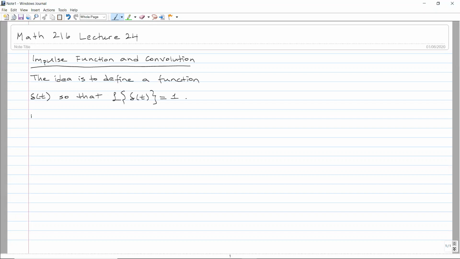So first, we define a sequence of functions.